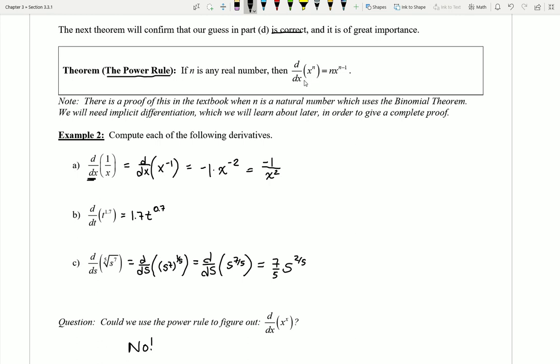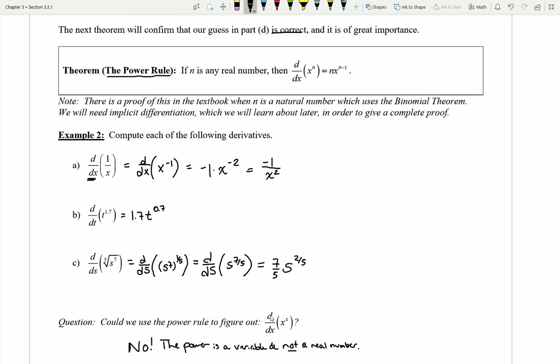Notice that my power rule has to have x raised to any real number. And I don't have x raised to the n. I don't have a number up there. I have a variable. So here I'll state that the power is a variable and not a real number.